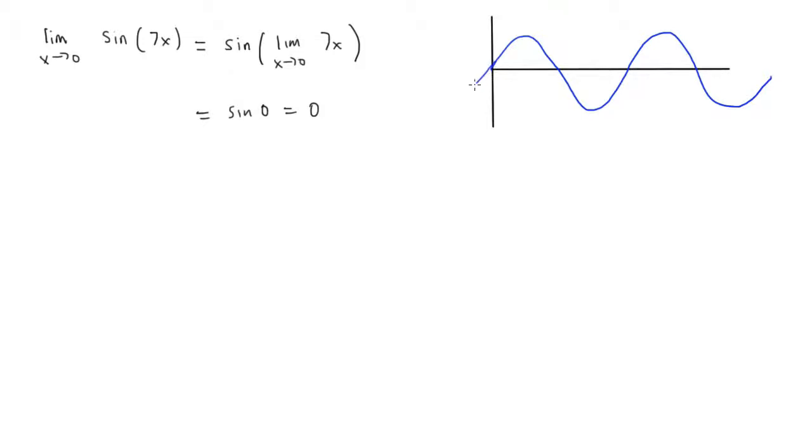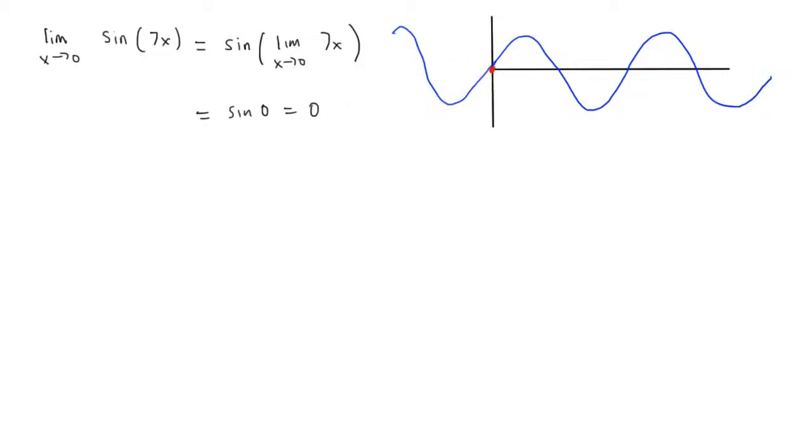Then let me graph it a little bit in the negative direction too. Okay, so it'll keep going like that. So what we're asking is, what happens to the y values as the x values are getting close to 0? And pretty easily from the graph we can see that it looks like the y values are also going to be 0, my picture notwithstanding, and so we would guess that the limit is 0.